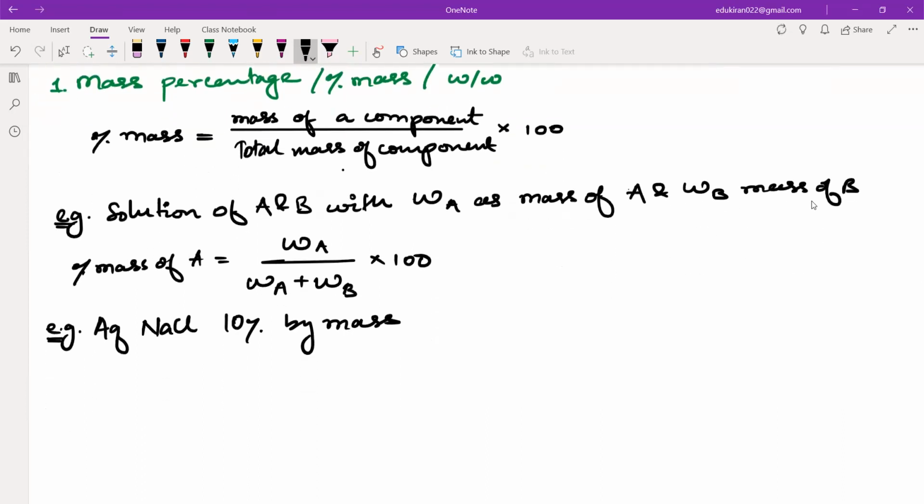So what does this mean? It means that 10 gram of NaCl is present in 100 gram of solution.